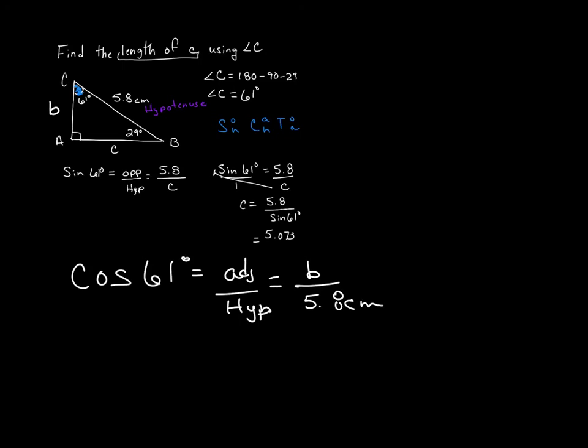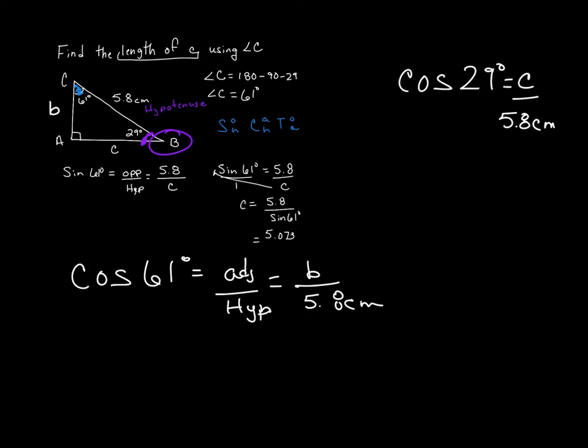But I do have another possibility here: this other angle, angle B. So to write the cosine with that piece, I can say that the cosine of 29 degrees is equal to the adjacent side, which is the side touching angle B but not the hypotenuse. So this would be side C over my hypotenuse, which is still 5.8 centimeters.